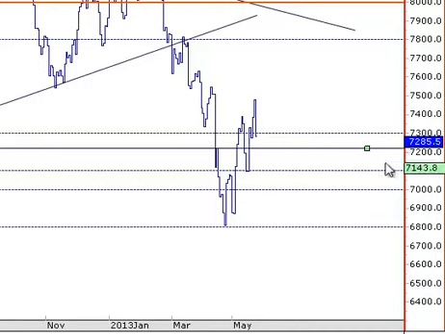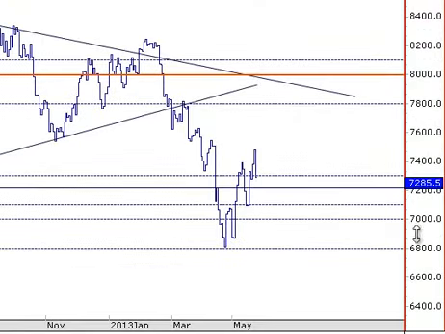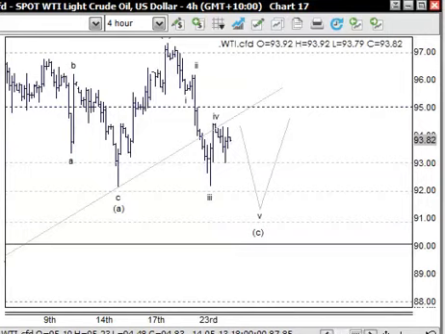So it is about the 7,200 at this point here, and we'll just keep an eye on that and watch that play out either as support or resistance, and then that will give us further direction for the materials sector as such.